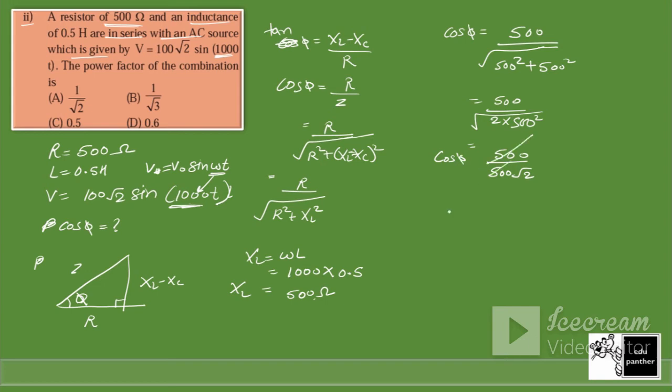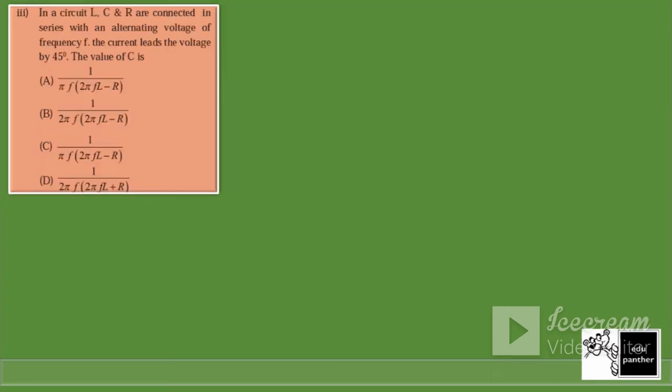In cos phi, 500 gets cancelled, and cos phi will be 1 upon root 2 only. So we can say that the power factor is 1 by root 2. So the first option, A, will be the answer. In this we have learned the formula for the power factor and how to find out the phase angle.